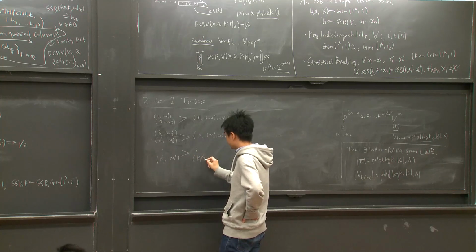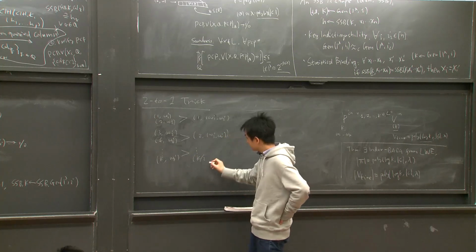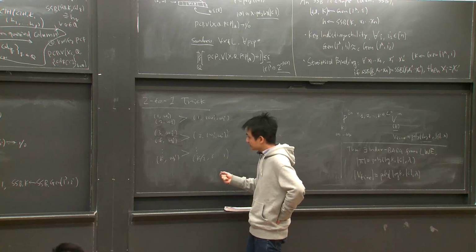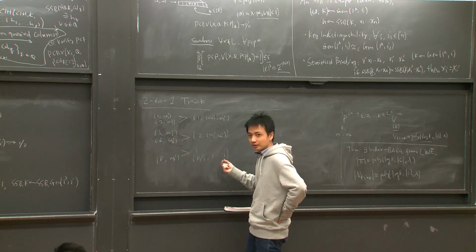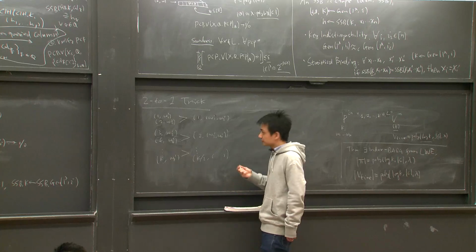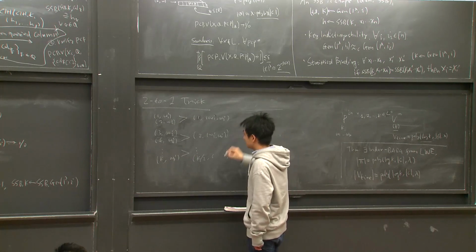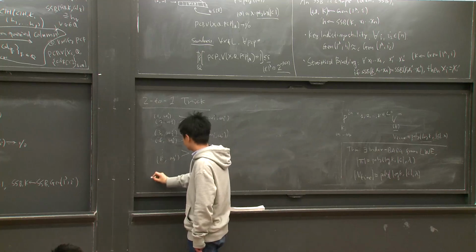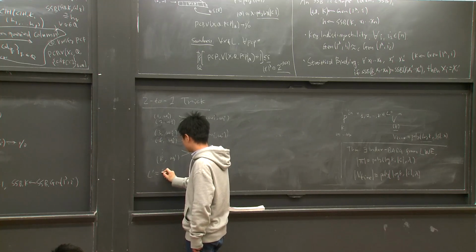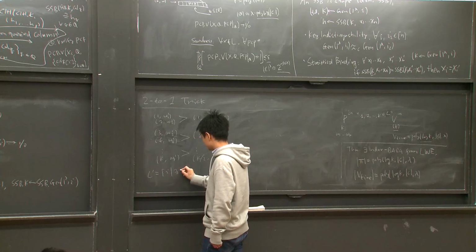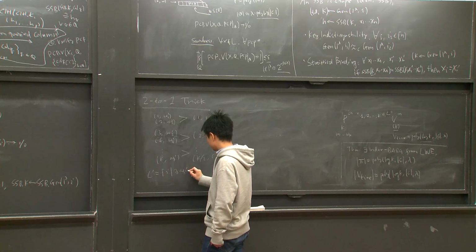So in the end, you have k/2 instances. But the cost of doing this is that the size of the witness will blow up by a factor of 2. So now let's say the original language is L prime. It consists of I such that there exists Wi prime.